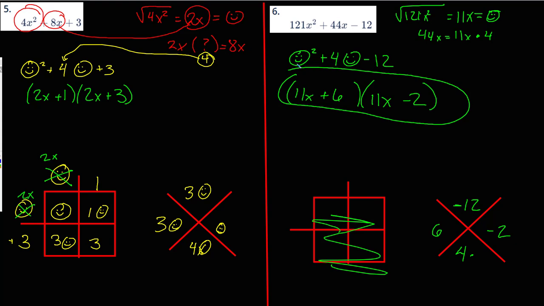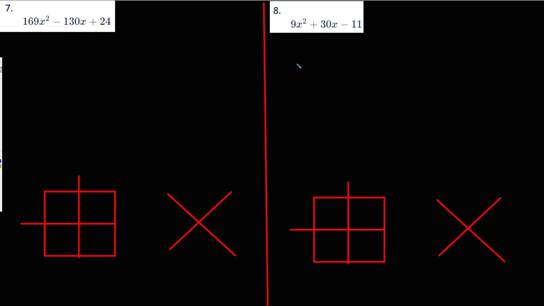You can again use the box method in this if you would like to, but you do not have to. So we're going to do the same thing. Square root of 169x squared is equal to 13x. 13x times 10 gives me 130. And so we have smiley face squared, minus 10 smiley faces, plus 24.